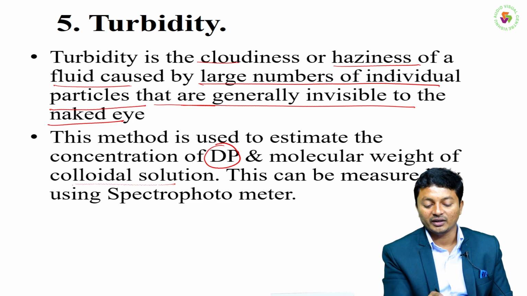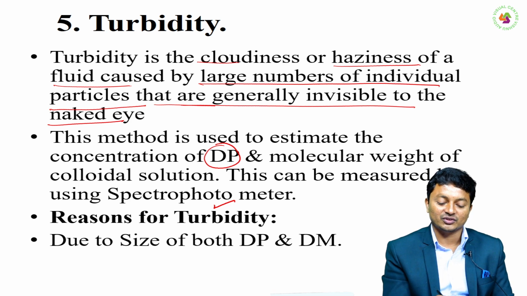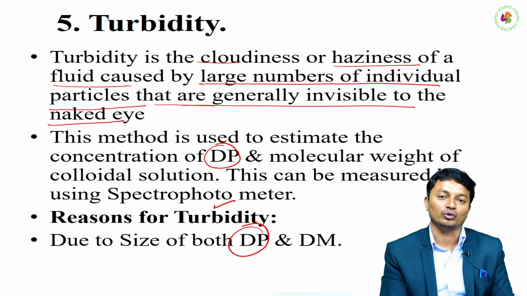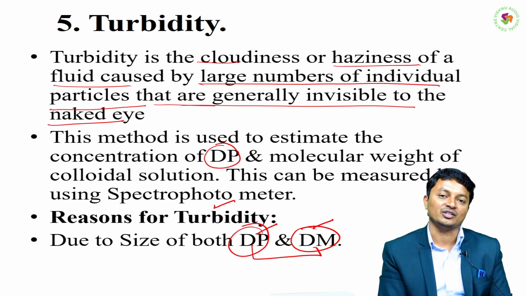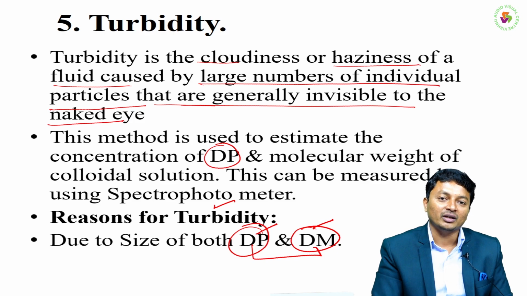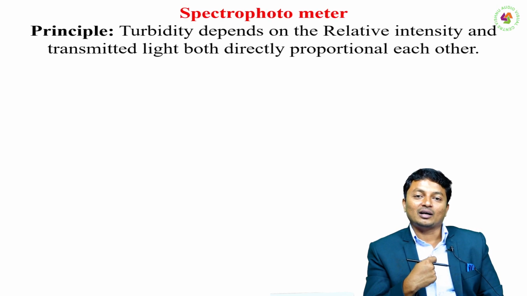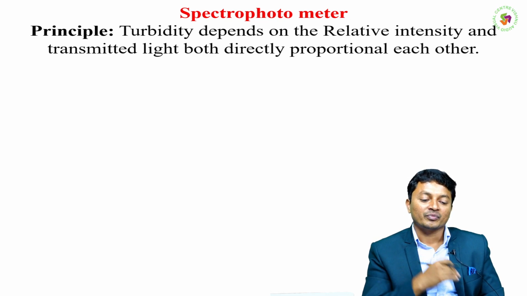This can be measured by using a spectrophotometer. The reason is the larger size of both the dispersion phase and dispersion medium. Because of the increase in their size, we find turbidity. And this spectrophotometer is used to determine the amount or percentage of turbidity present in the colloidal solution.